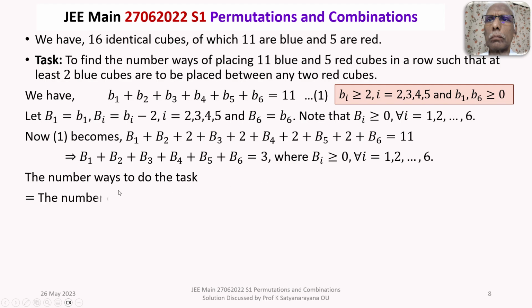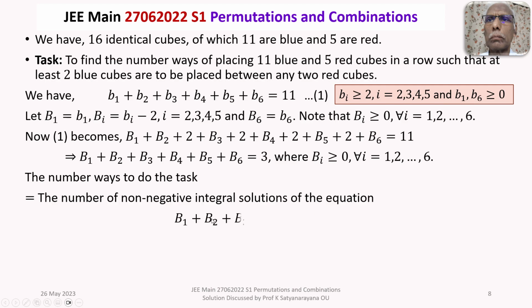It is the same as the number of non-negative integral solutions, because now B1, B2, B3, B4, B5, B6 are non-negative integers such that their sum is 3. This is the equation B1 plus B2 plus B3 plus B4 plus B5 plus B6 is equal to 3. All B's are in capitals.